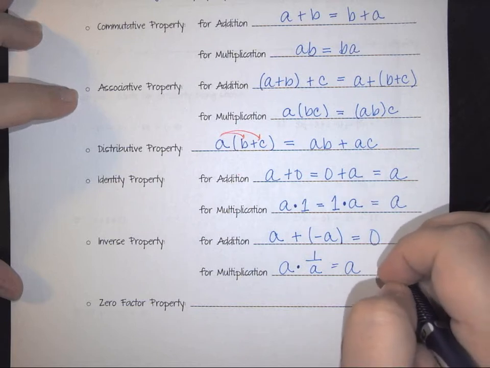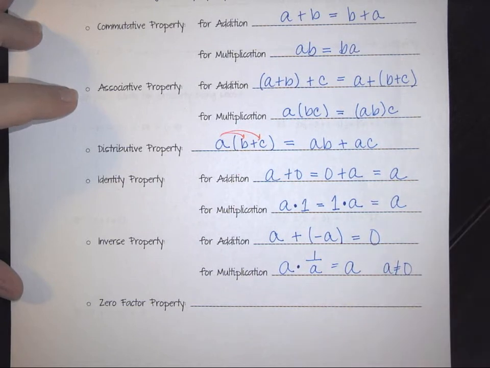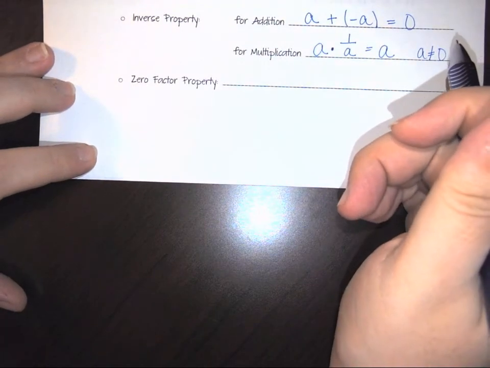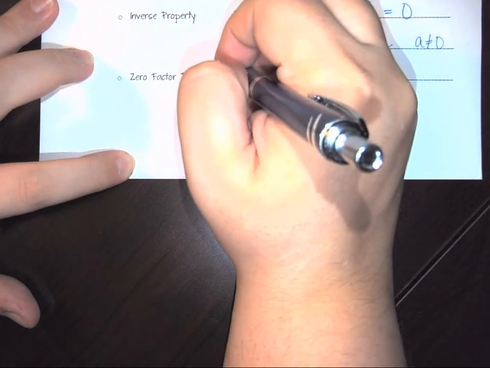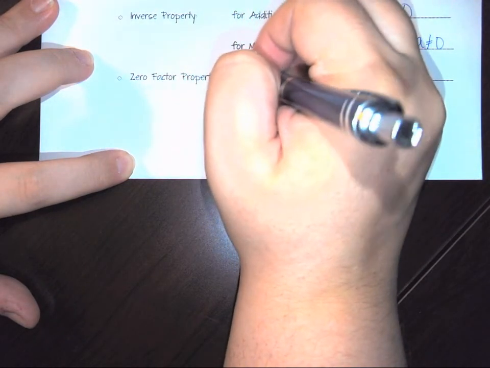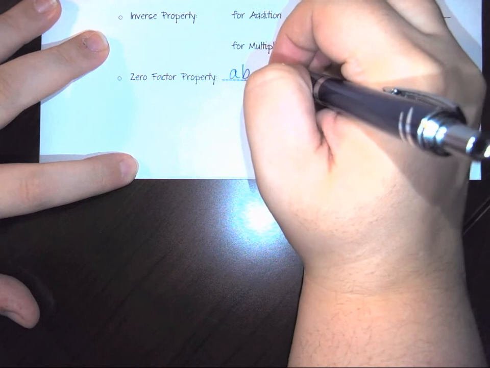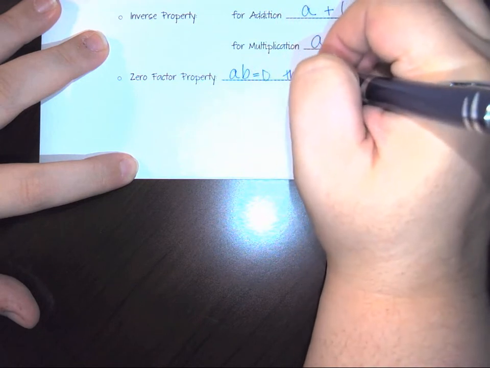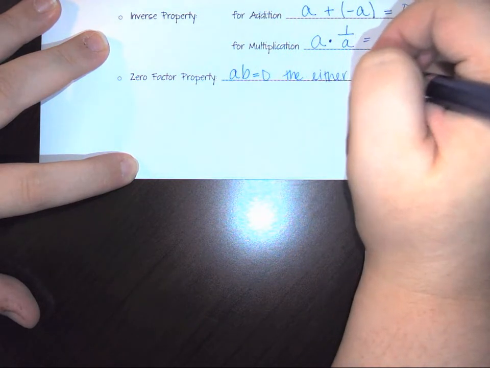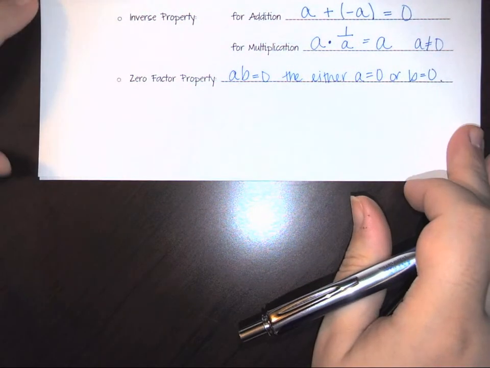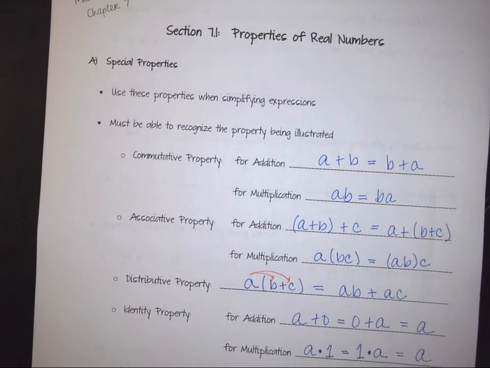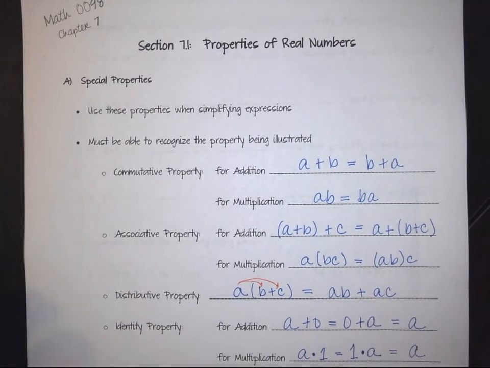And here we're looking at that a can't be 0. The zero factor property says that if a times b equals 0, then either a was 0 or b was 0. So these are all of the different properties that we have to work with.